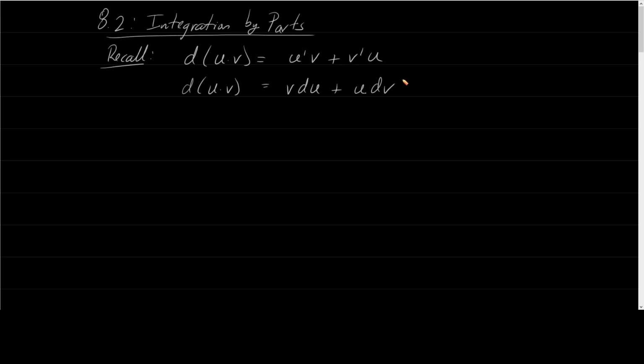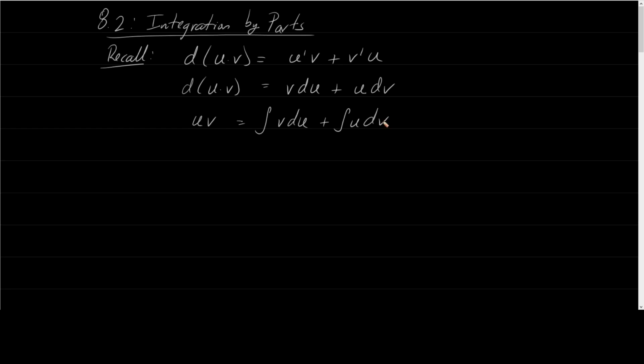Now I'm going to manipulate this expression. If I integrate everything here, the integral of a derivative is just uv, because they cancel each other out. That's equal to the integral of v du plus the integral of u dv.